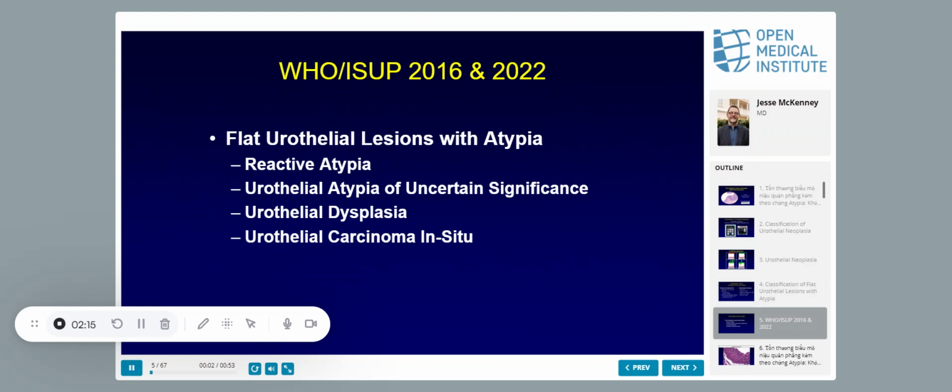So basically, if you have a flat lesion that's atypical, your choices are reactive, which is totally benign; atypia, I'm not sure; urothelial dysplasia, which is very poorly reproducible, and we'll talk about how I handle that; and urothelial carcinoma in situ.